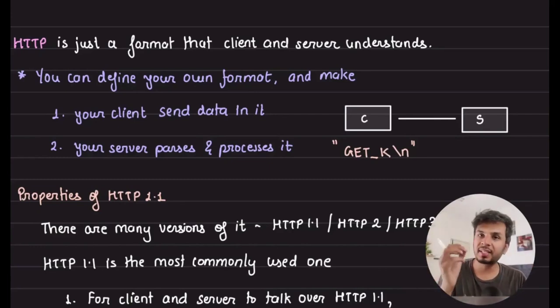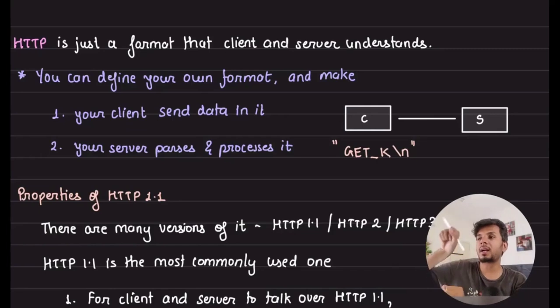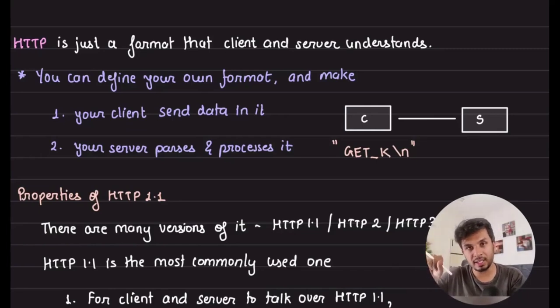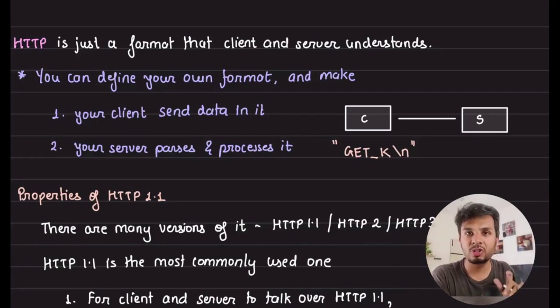There are HTTP request headers, response headers and the body, and there is a protocol specification of HTTP that both parties follow: the client needs to encode it and send it, the server needs to decode it, understand it, do the action, generate the response and send it to the client, and the client understands the response and does whatever it needs to do with that. So this is a format.